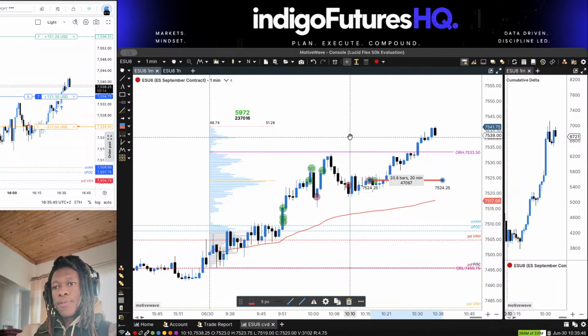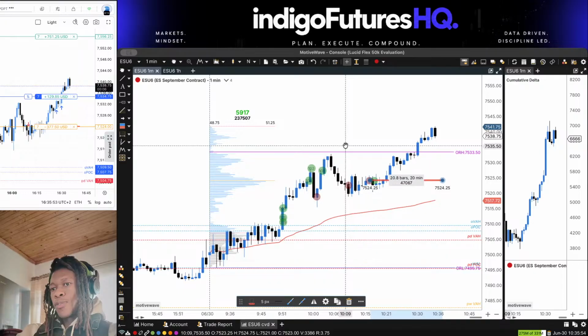Retest to this volume node, 538. There's a low volume node down here, 535.